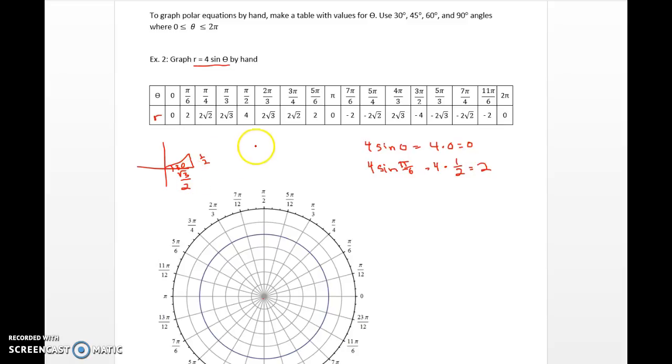If we looked at pi over 4, that's a 45-degree angle, and both sides are root 2 over 2. Again, sine is y, so we'd say 4 times the sine of pi over 4.